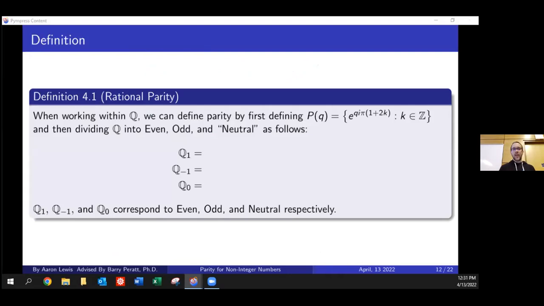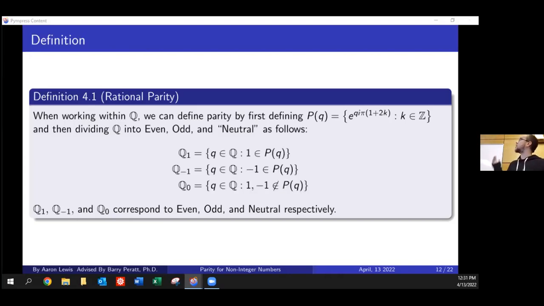When working in Q, we define it first by our function P of Q, and then we can divide it into even, odd, and neutral, or respectively Q1, Q-1, and Q0, to avoid confusion with parity in the integers. Q1 is just all of the rational numbers such that P of that number has 1 in the set, Q-1 is where -1 is in the set, and Q0 is where 1 and -1 are not in the set.